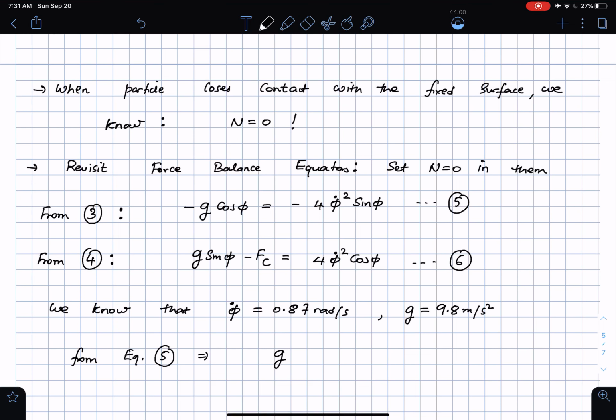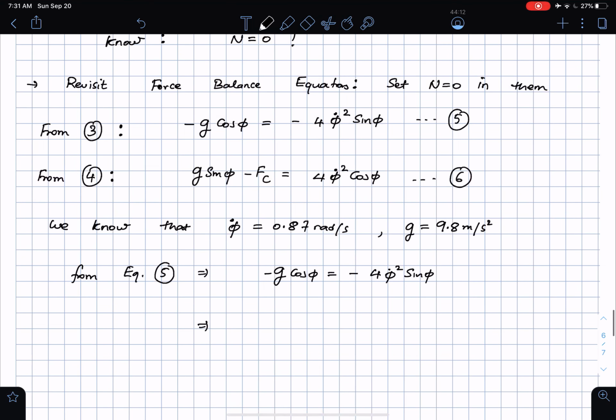The negative sign goes off, so minus g cosine phi equals minus 4 phi dot square sine phi, which tells me that 9.8 times cosine phi is equal to 4 times 0.87 square times sine phi.